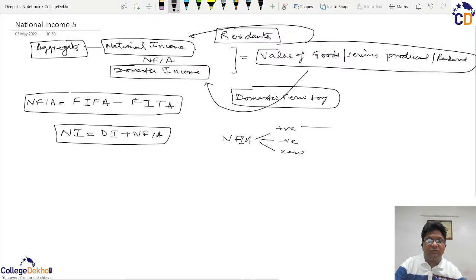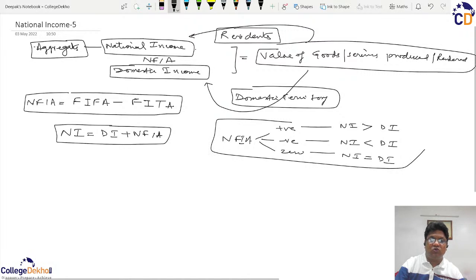If NFIA is positive, then national income will be more than domestic income. If NFIA is negative, then national income can be less than domestic income. And if it is zero, then national income will be equal to domestic income. We will show these facts with certain figures as we move forward in our journey on national income.